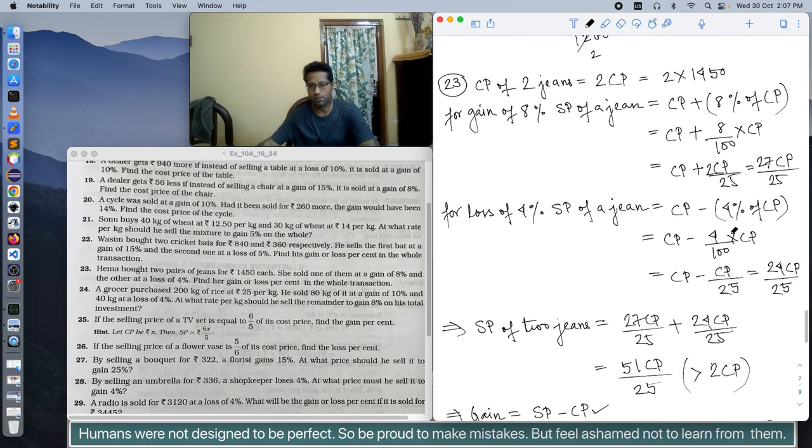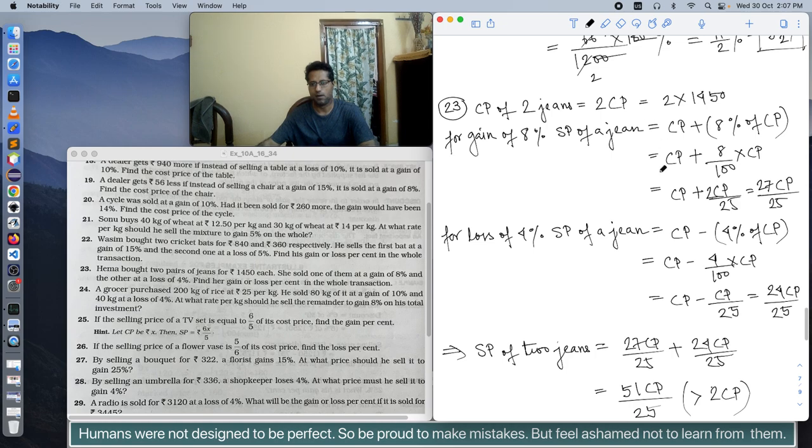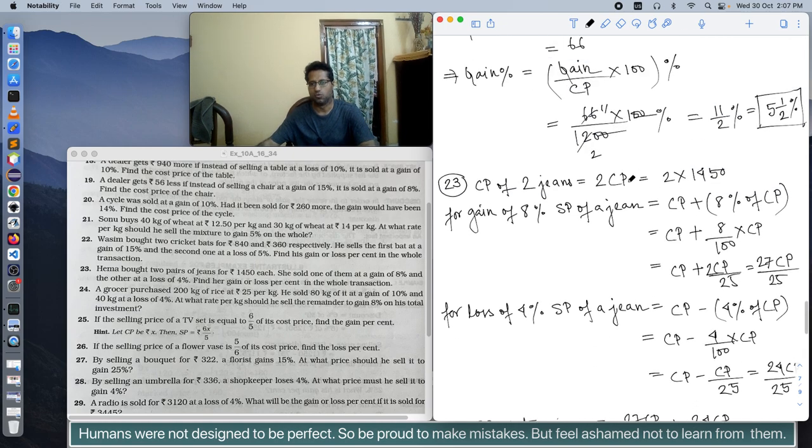Sorry for a little bit of confusion that may arise because of the CP. When I say CP of 2 jeans is equal to 2 CP, I mean that this CP is the cost price of a single jeans. So the cost price of 2 jeans will be 2 into CP, which is 2 into 1450. When I am calculating the selling price of a jean sold at 8% gain, I am using CP again, and this CP is also the cost price of a single jeans.